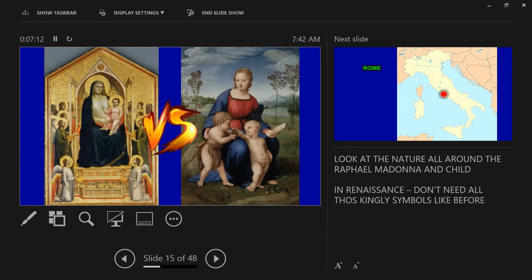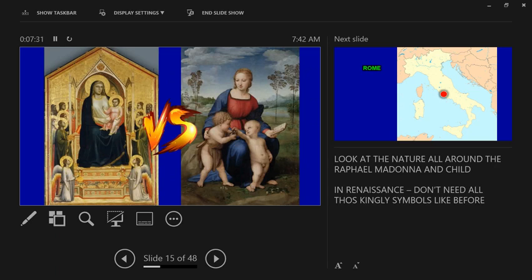And then I also wanted to show you how far the mother and child image has come since the late Gothic era or the late medieval era. Over here, this is late medieval Italy, and it's so very flat.